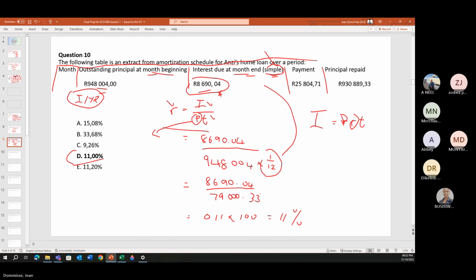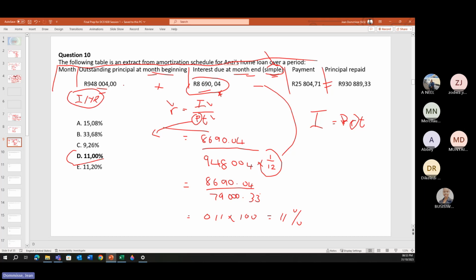Also, please check that if we look at how to get to these answers, the outstanding amount plus the interest minus your payment will equal your principal repaid. Again, they might give you some of the information, not all of it, and you need to work out something else.